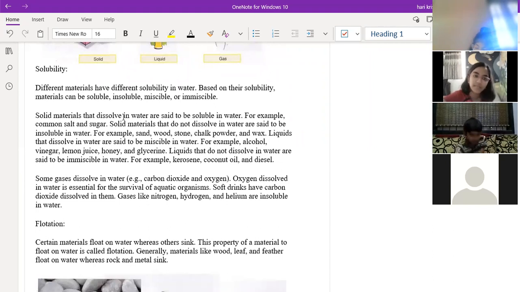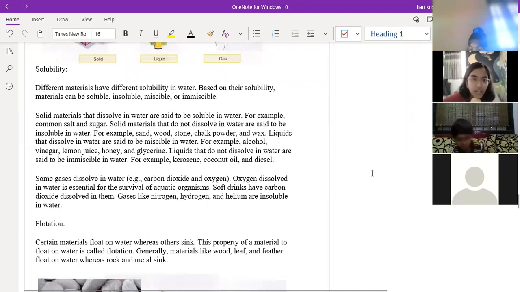What about adding vinegar to water? Is it soluble or miscible? Sir, immiscible.